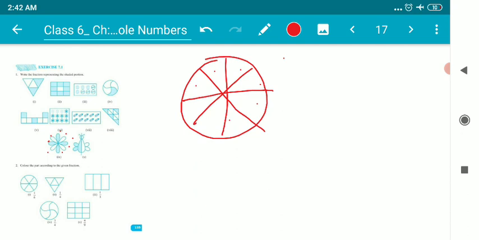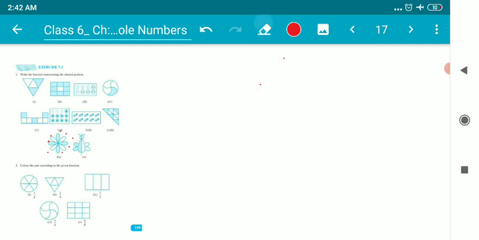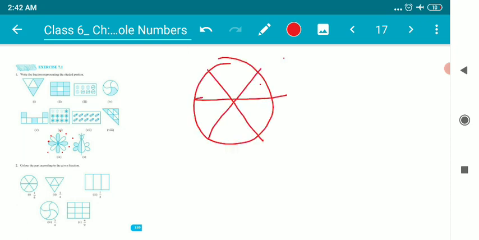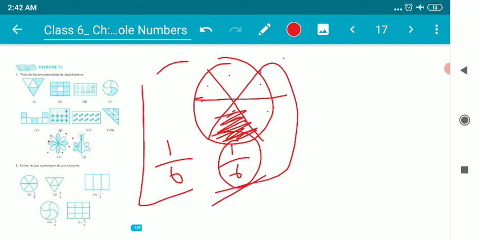Just a minute, children, let me draw the figure correctly. Out of 6 parts, we have to shade 1/6, so any one part you can shade. That is only 1/6. I believe it's clear to everybody. This is how we can deal with such kinds of questions.